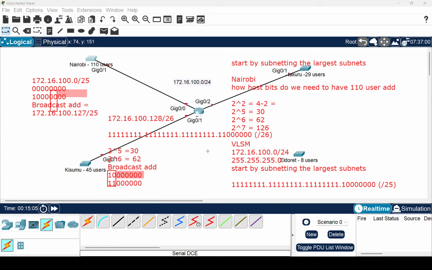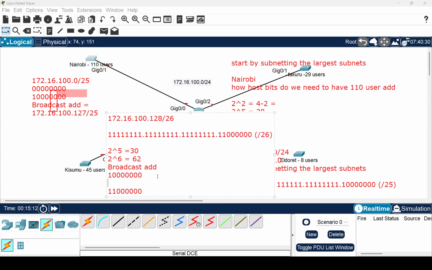So if you convert those to all ones and do that maths quickly, it gives us 1, 0, 1, 2, 3, 4, 5, 6. If we write that broadcast, it will be 172.16.100, what?